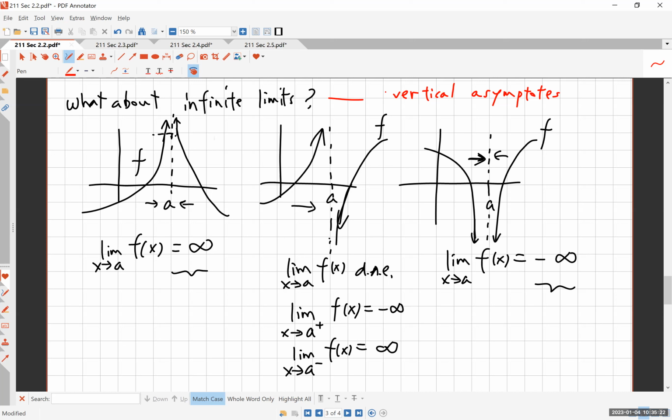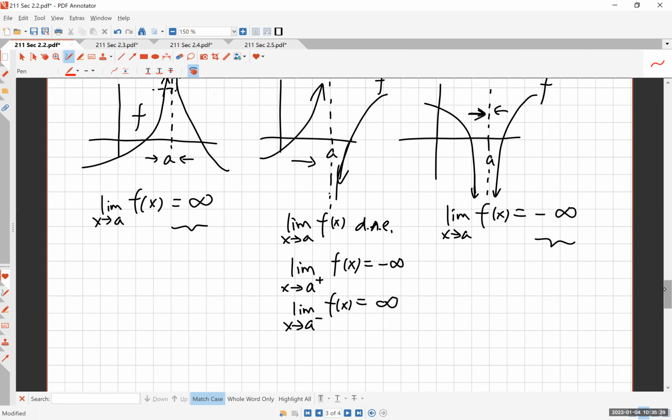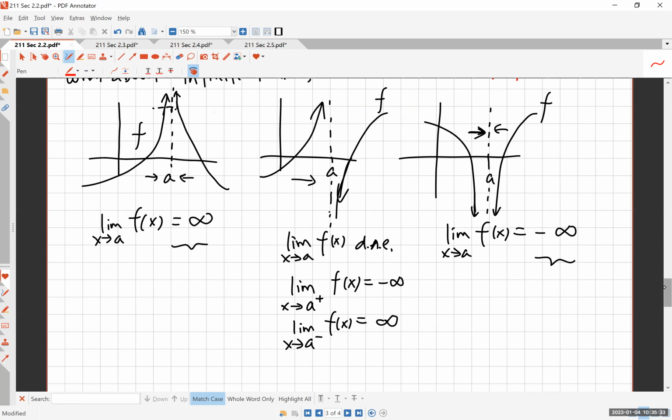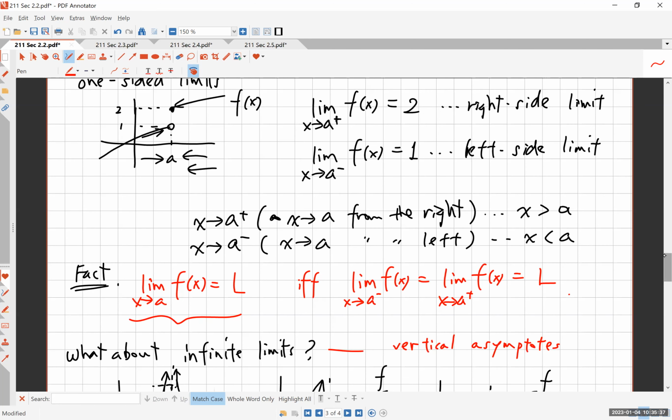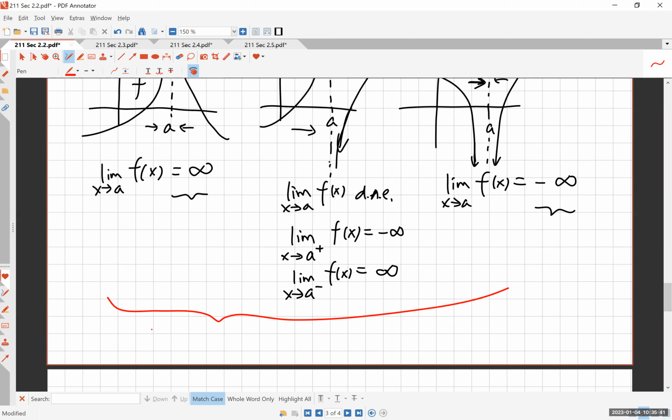The second thing is, remember what I said, these things like positive and negative infinity are actually not numbers. And so when we say the limit exists, we say the limit is 2 or 5 or some finite number. So in all of these cases, it's still okay to say these limits do not exist.